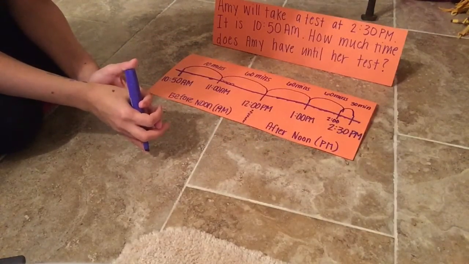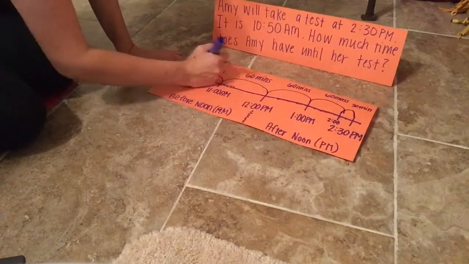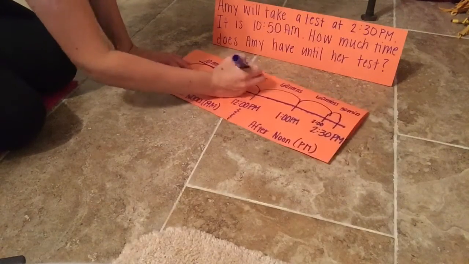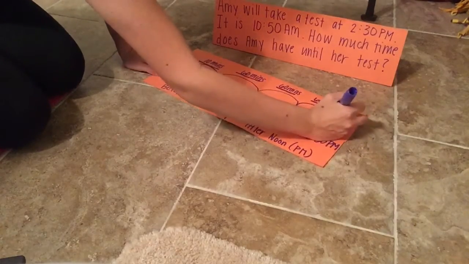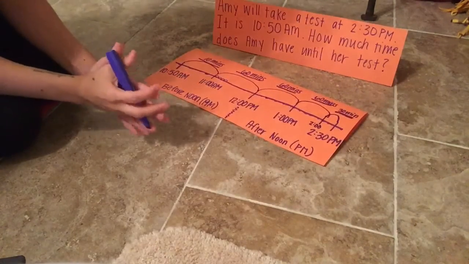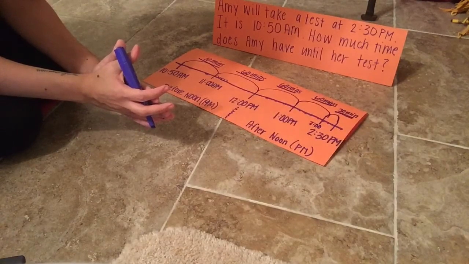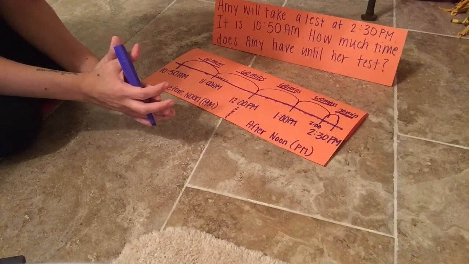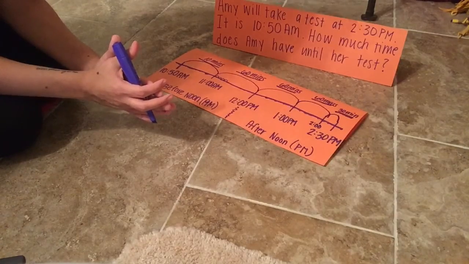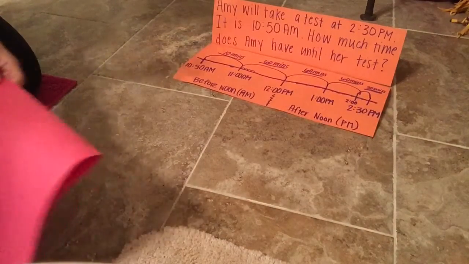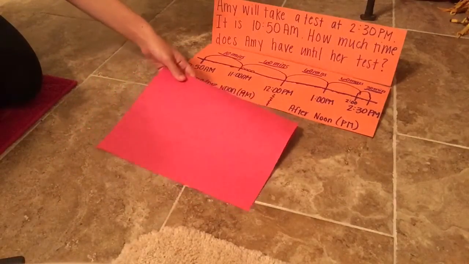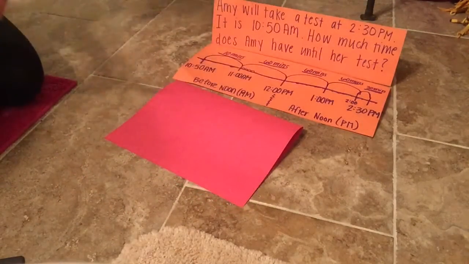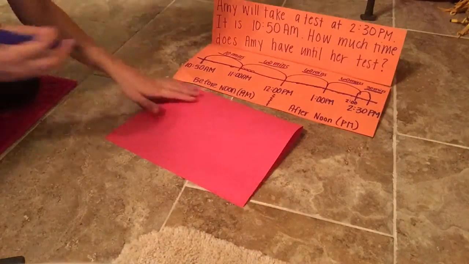And now I need to find out how much time elapsed. So we have 10 minutes, 60 minutes, another 60, another 60, and a 30-minute jump. So how can I find out how much time elapsed from 10:50 to 2:30? To solve this problem and find out how much elapsed time we came across, I'm going to add all our minutes together.